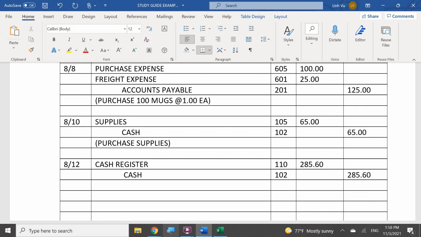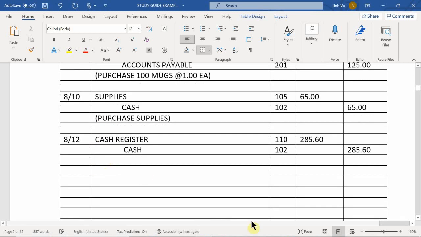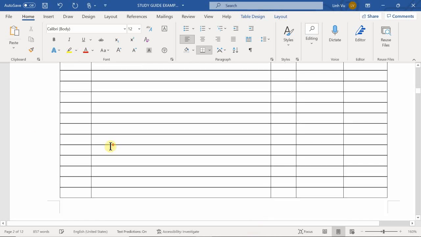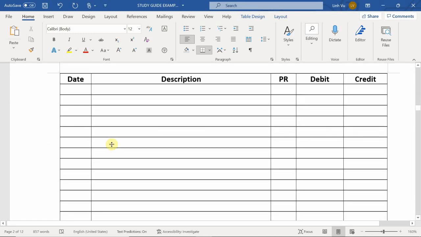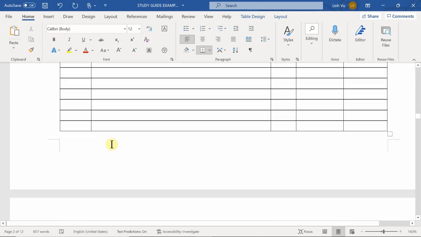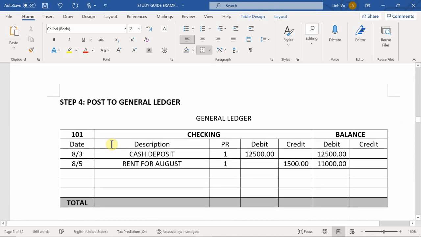All right, so we buy a cash register. Okay, purchase cash register. So we go to the ledger. We have a cash register account there.